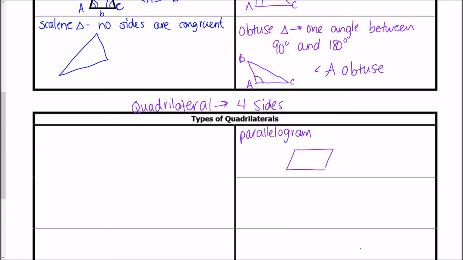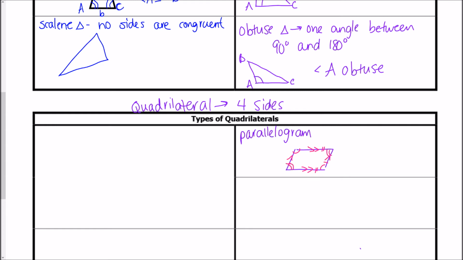So the way that we show that the sides are parallel is we put arrows right here to show that these are parallel, and then we'll put double arrows to show that these are parallel to each other but not parallel to these sides right here. We also have opposite sides are congruent, and we also have that opposite angles are going to be congruent to each other. Okay, so that's a parallelogram.